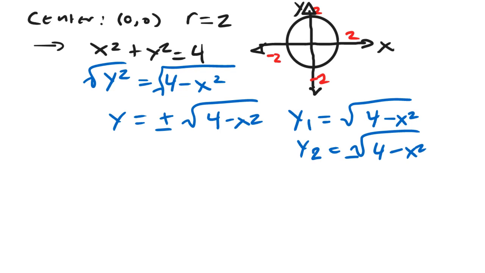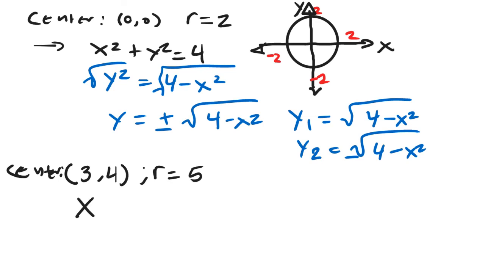Now, let's say, for example, we want to find a circle where the radius and also the center are given. So if the center similarly was 3, 4, and the r was equal to 5, how would you get the equation of the circle?